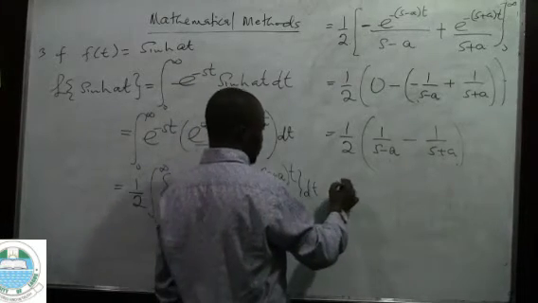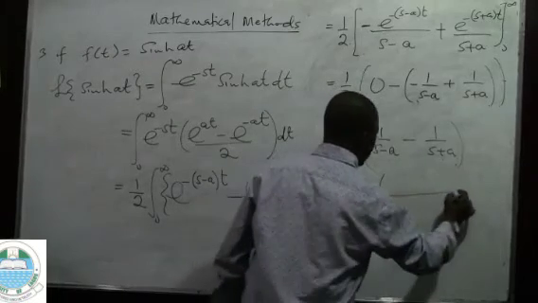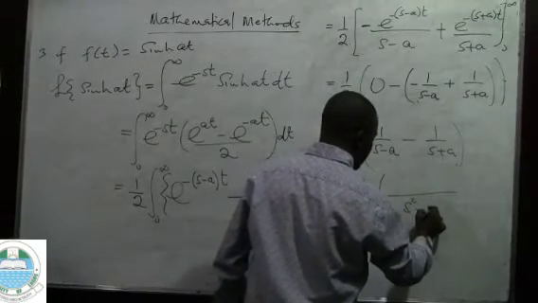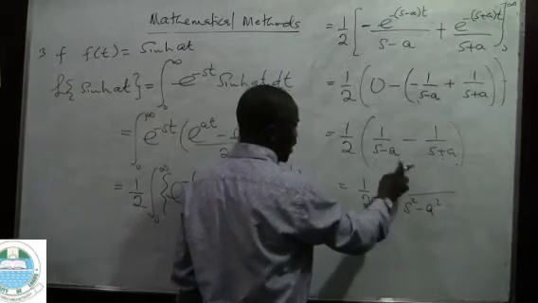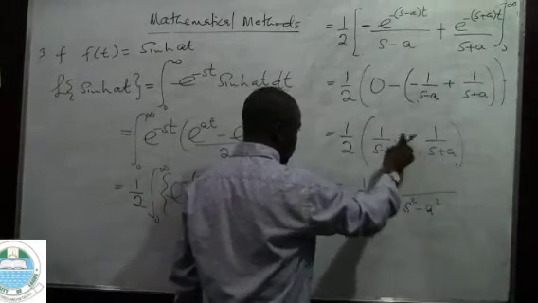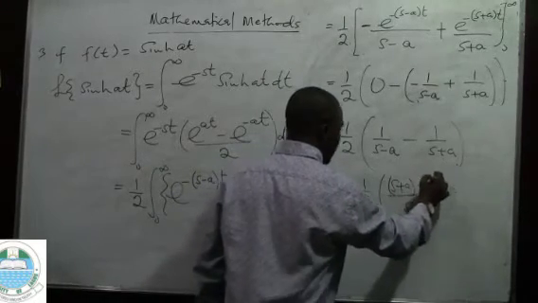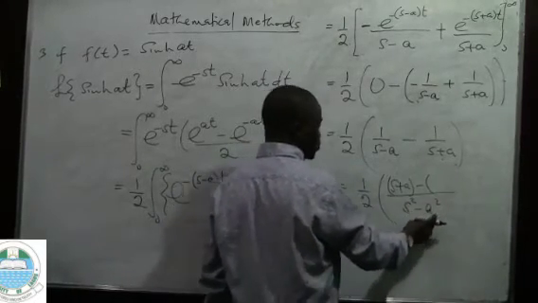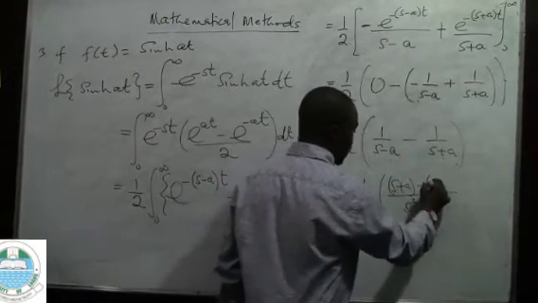So let us take the LCM. Of course, 1 divided by 2 into my LCM is s squared minus a squared. s squared minus a squared divided by s minus a will give us s plus a. Multiplied by 1, I have s plus a minus. s squared minus a squared divided by s plus a will give us s minus a.